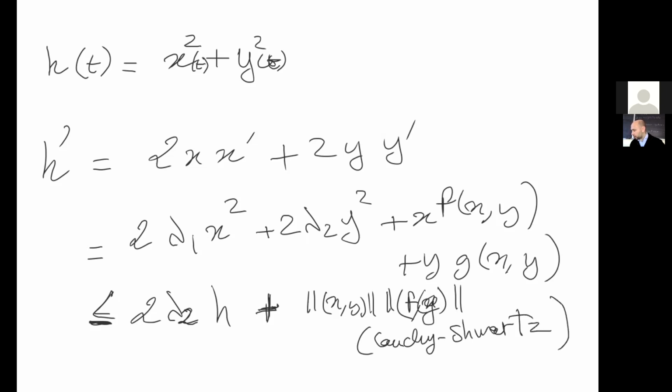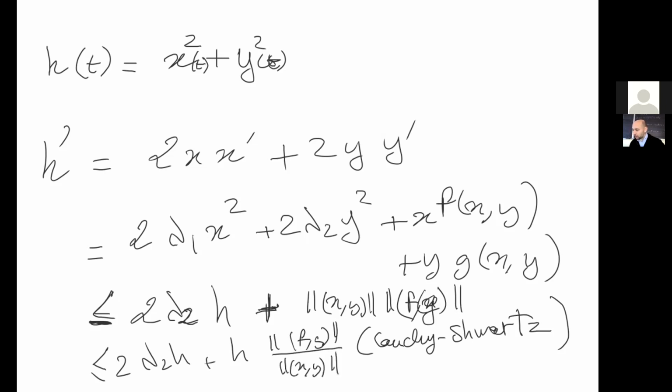Okay, and then this is less than 2 lambda 2 H plus H times the norm of (f,g) divided by the norm of (x,y).